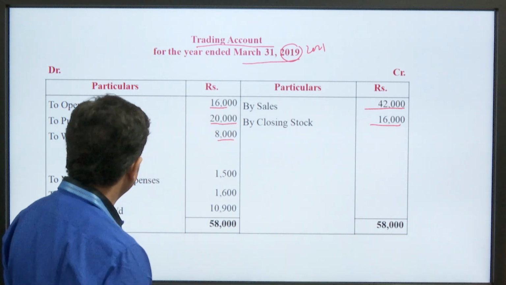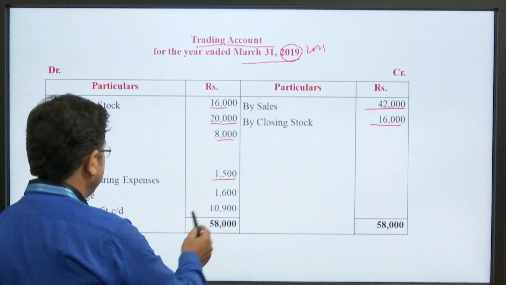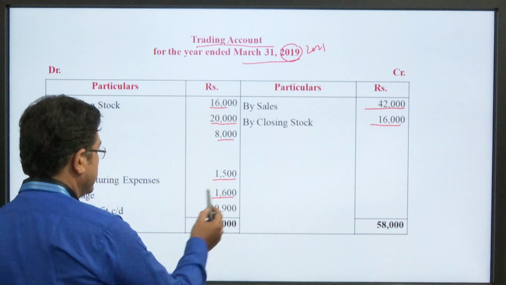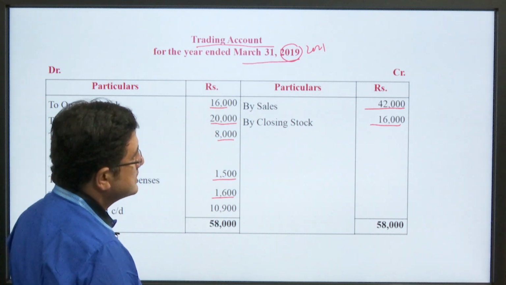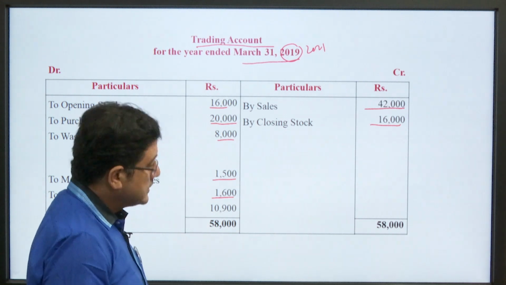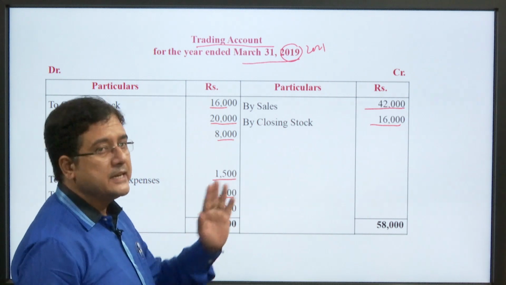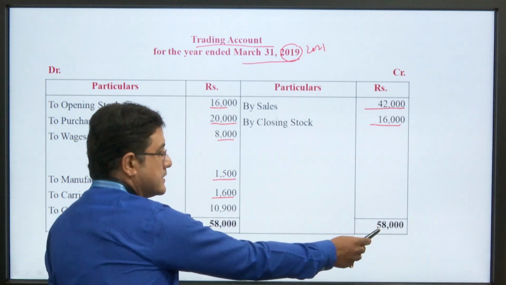Again, manufacturing expenses here 1500, carriage inward 1600. So, in the previous class, I told you that first we find out which side is the higher end. This side is the higher end, 58,000.